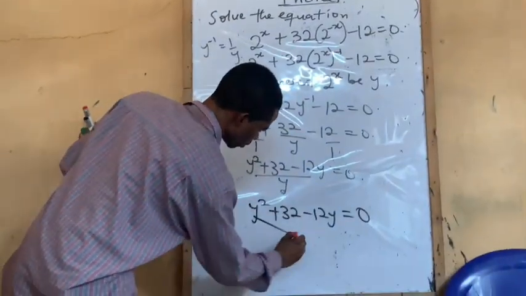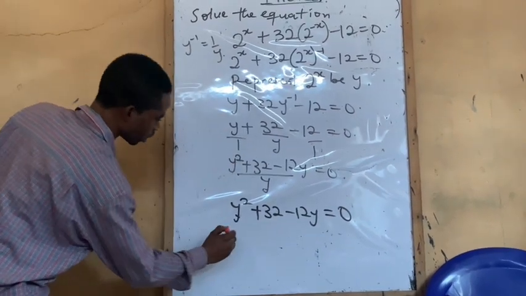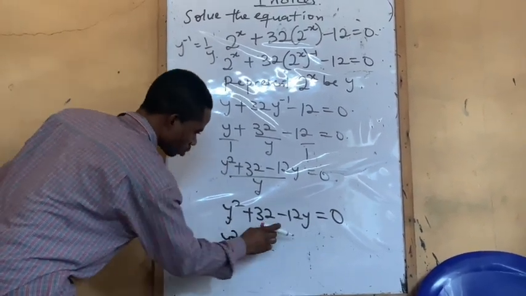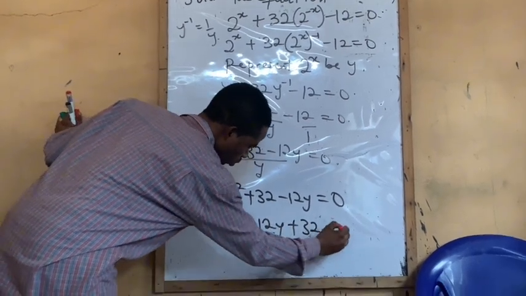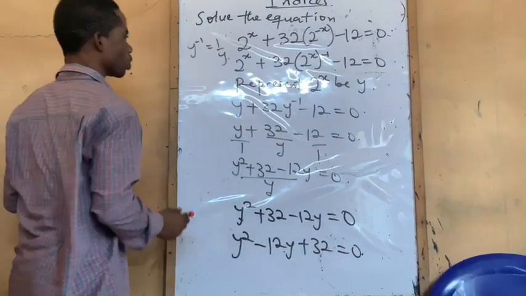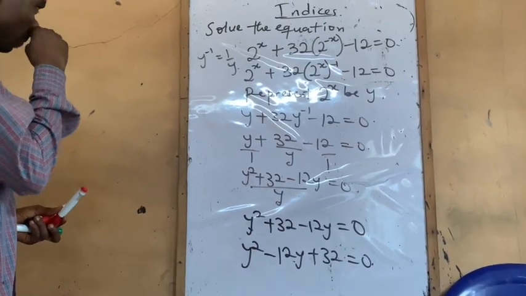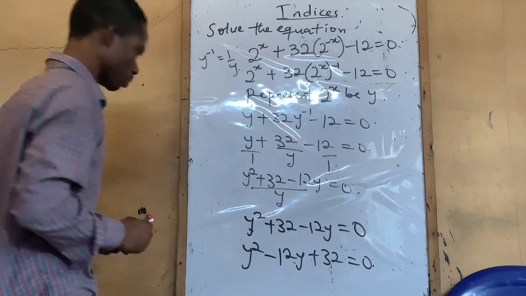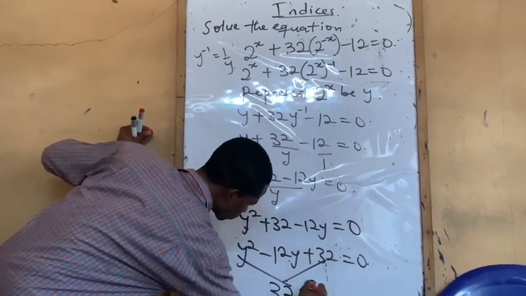So I want to solve it quadratically. But before you do that, you can rearrange: y squared minus 12y plus 32 equals 0. So that means we are solving this quadratically. That means this times this is 32y squared.